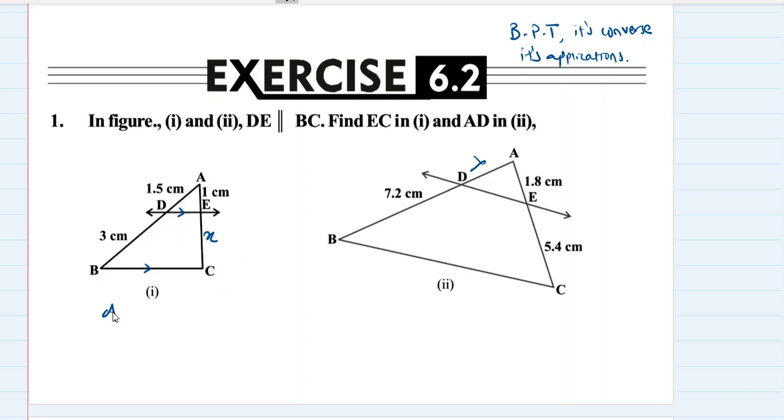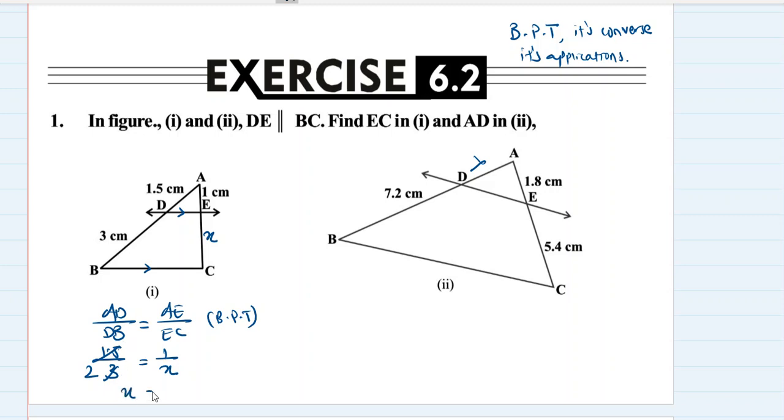So we can say that AD upon DB is equal to AE upon EC. Why? Because of the basic proportionality theorem. So 1.5 upon 3 is equal to 1 upon X. Okay, so this will get cut and 2 will come over this side.